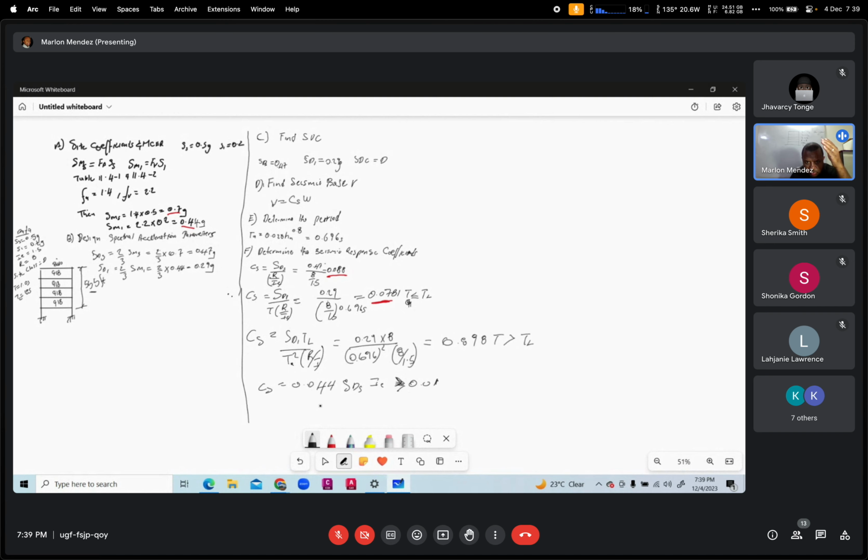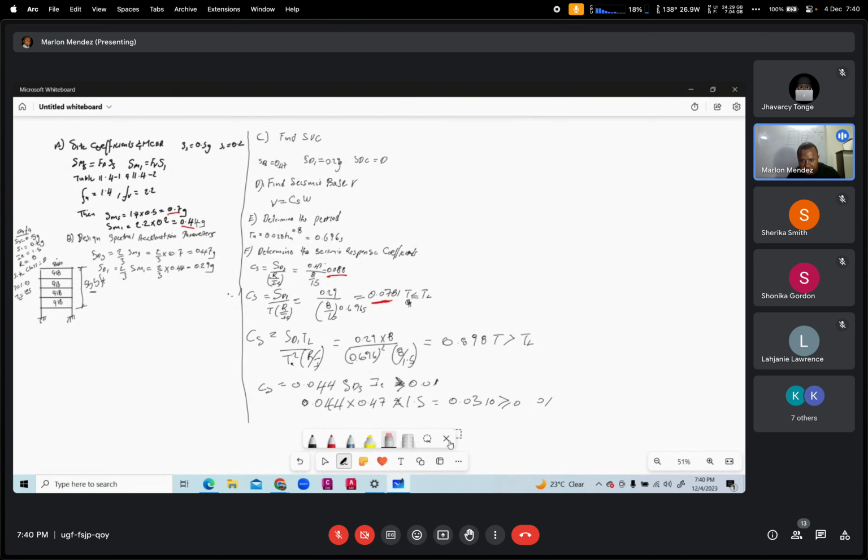When you put this in and multiply all this, with the importance factor of 1.0, we get 0.30312, and this is greater than the minimum.